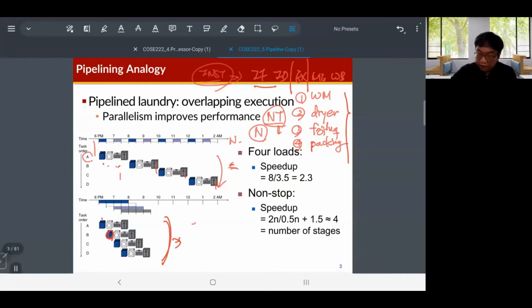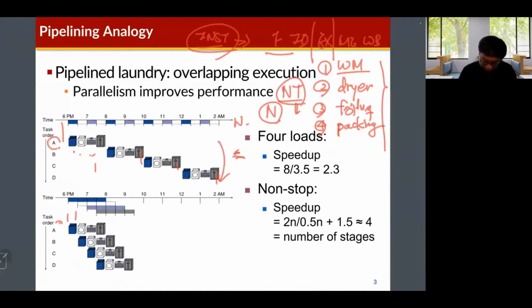In this example, task A is performed by the washing machine, and after 30 minutes, task A moves to the dryer step. So the washing machine is in an idle state, and we can use this washing machine for another task, another cloth.